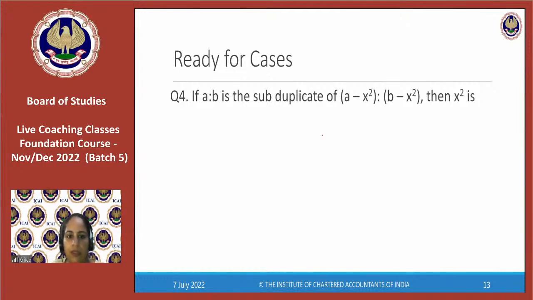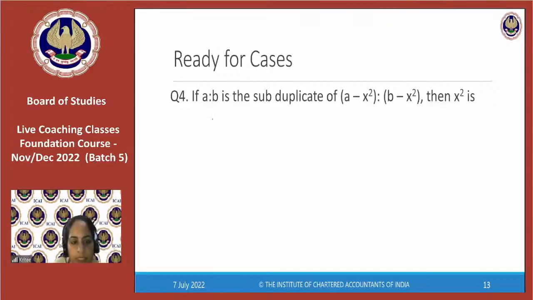Okay. Now another type of question. Yes, I'm getting the answers, good ones. Yes, very good. So if A is to B is the subduplicate of A minus x square upon B minus x square, then what is x square?